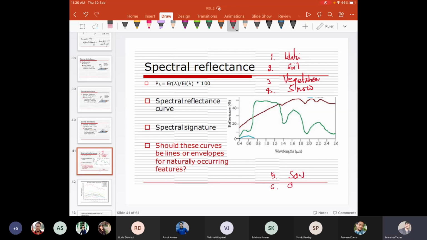Buildings are made of concrete. We have a road network made of bitumen. We also have many other features, but their contribution is less compared to these major objects, which are present in the majority on the Earth's surface. The first object we select for understanding the spectral signature is vegetation.